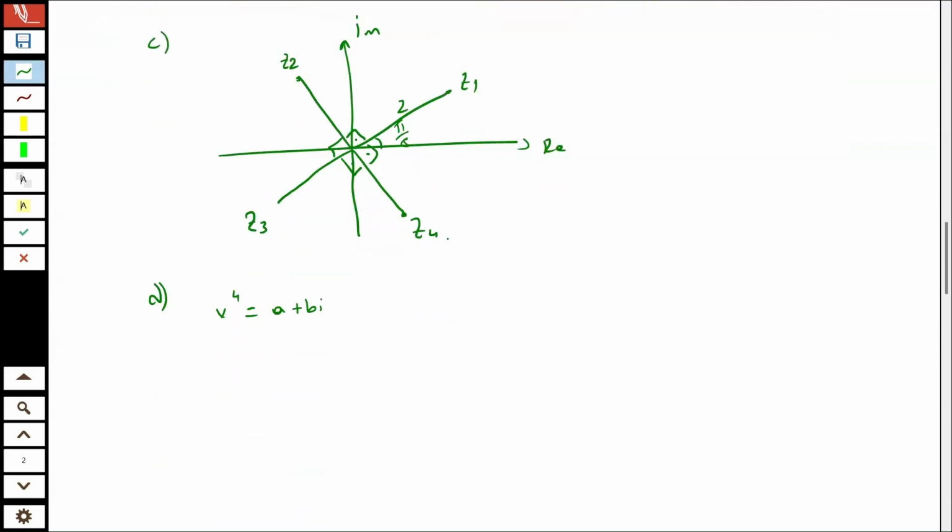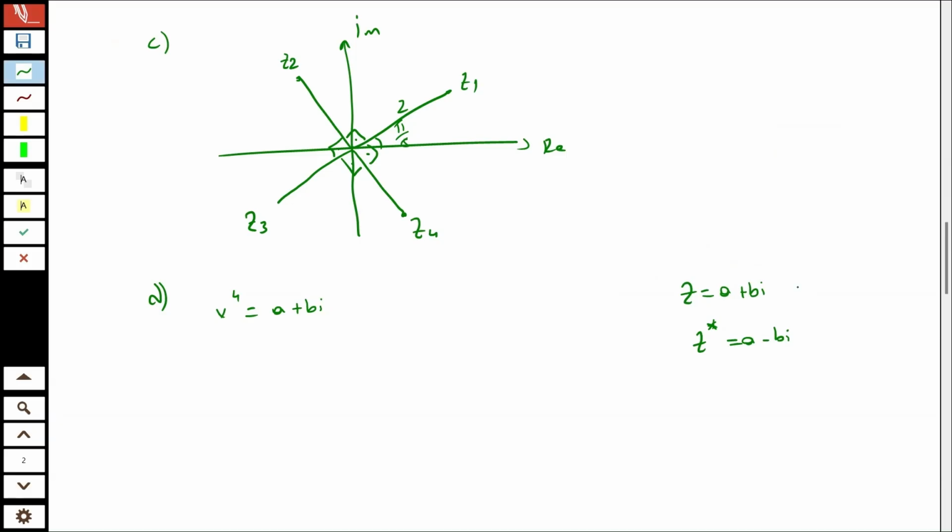For example, what is the conjugate of a complex number? Let's say if z is a plus b times i, the conjugate of z is going to be a minus b times i. So the sign of the imaginary part is changing.